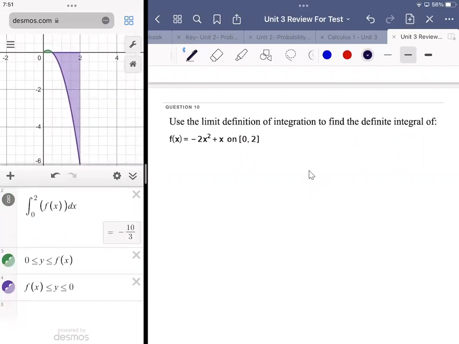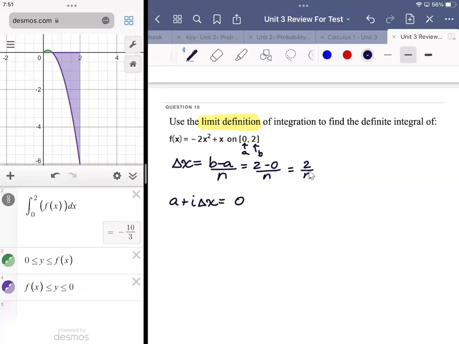Now, that's all well and good, but when we're using the limit definition, it's a particular approach. First, we identify the delta x. Delta x is b minus a over n. All right, so this is my a, this is my b. So 2 minus 0 over n. So 2 over n. Then we figure out a plus i delta x.